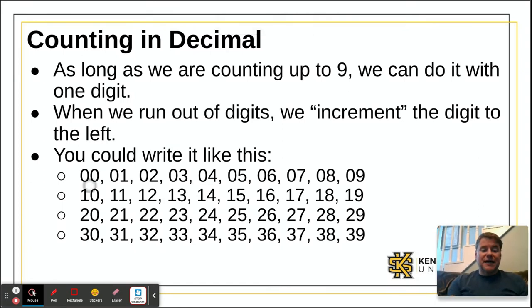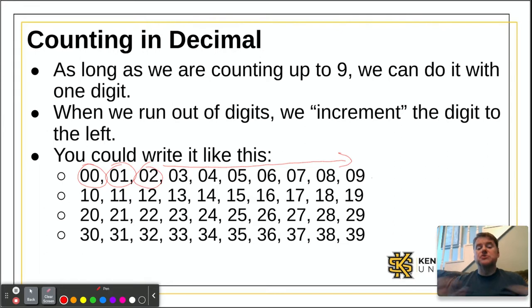So if I start counting, we have 0, 1, 2, 3, 4, 5, 6, 7, 8, 9. When I reach 9, there's no single digit that I can use to represent the next number. So we reset this rightmost digit to a 0, and then we increment, or increase by 1, the digit to its left.